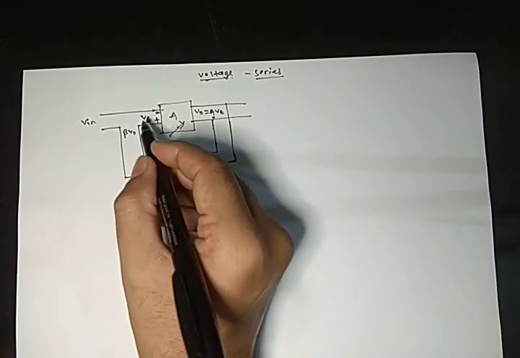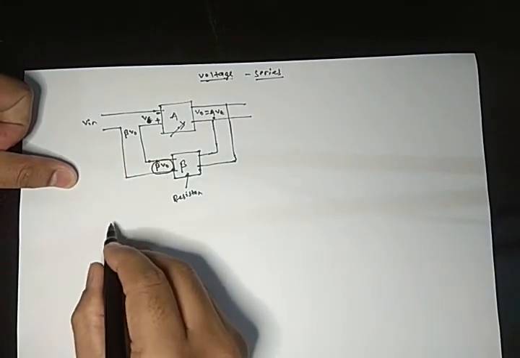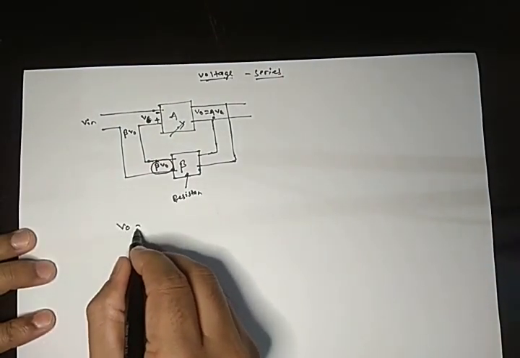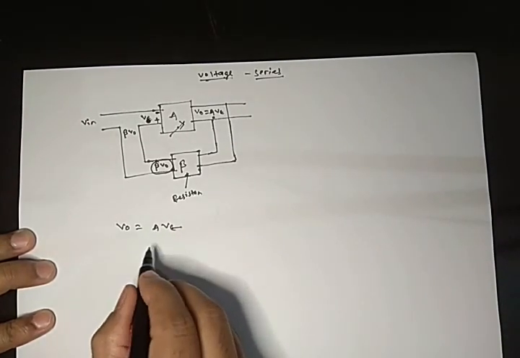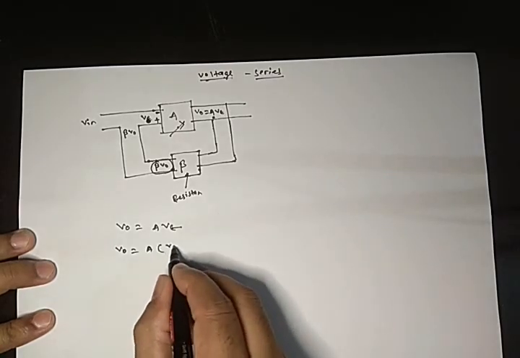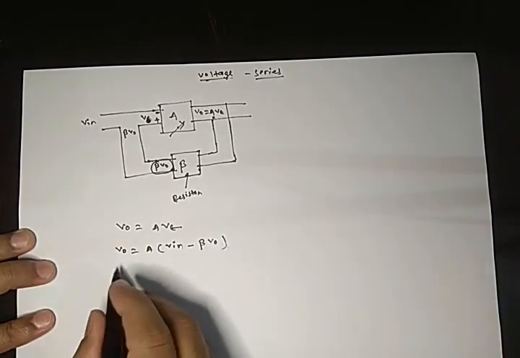This beta V0 is now being fed. Now we got V0 as A into V epsilon. Now V epsilon is nothing but V in minus beta V0.